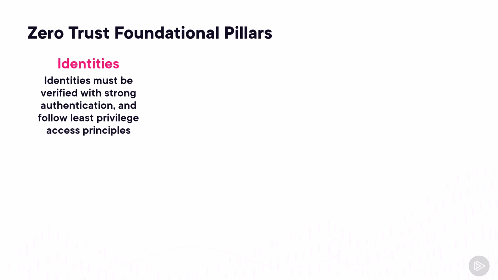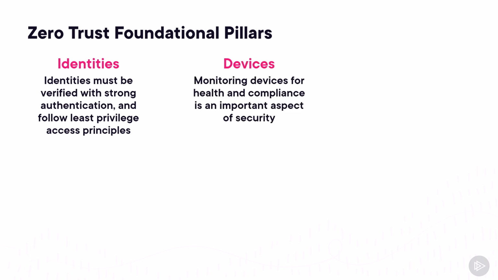When an identity attempts to access a resource, it must be verified with strong authentication and follow least privileged access principles. Second is devices. Devices create a large attack surface as data flows from devices to on-premises workloads and the cloud. Monitoring devices for health and compliance is an important aspect of security.